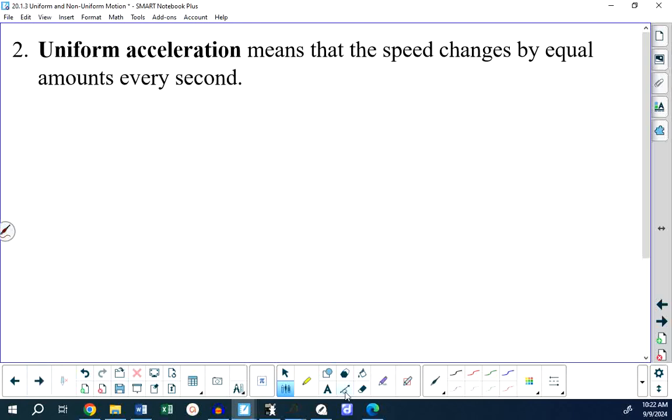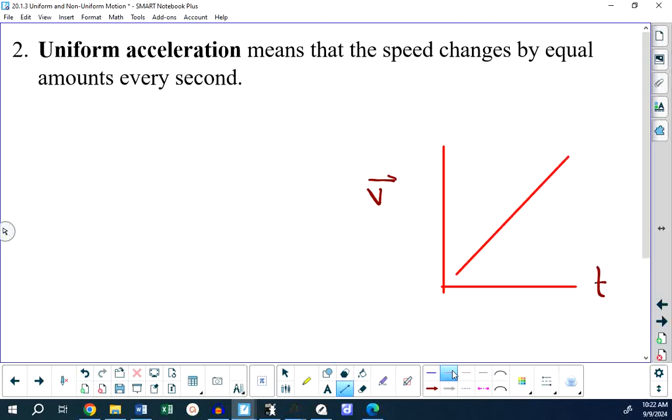Jumping the gun just a little bit, if this is velocity and this is time, then this is uniform acceleration. 1 second over, 2 meters per second faster. 1 second over, 2 meters per second faster.